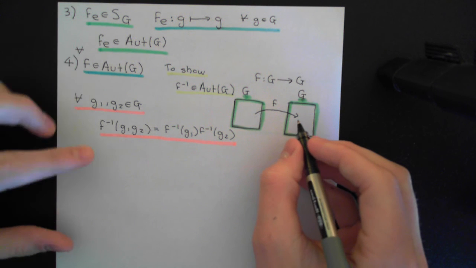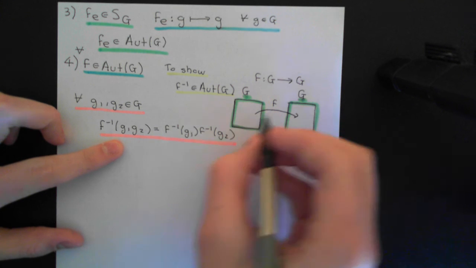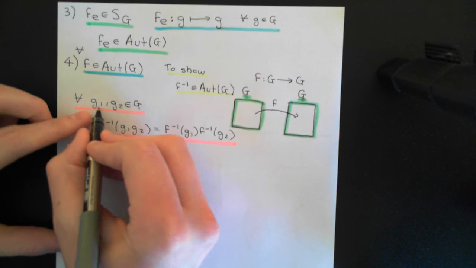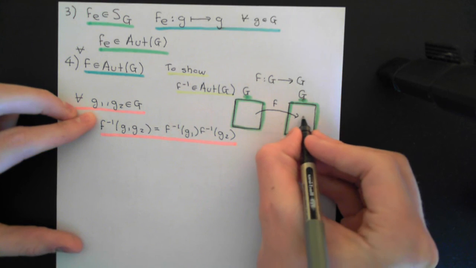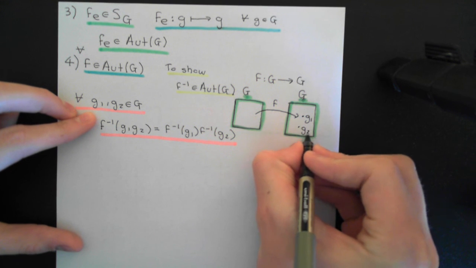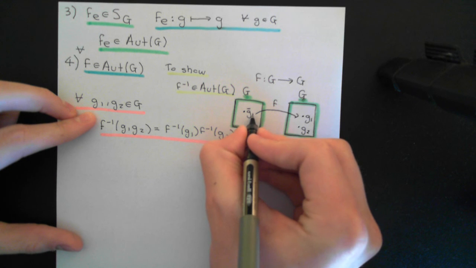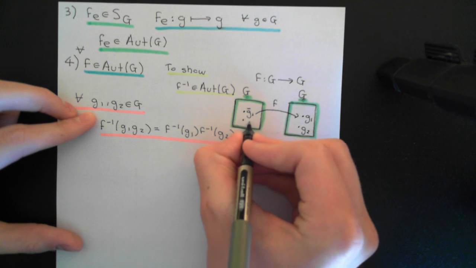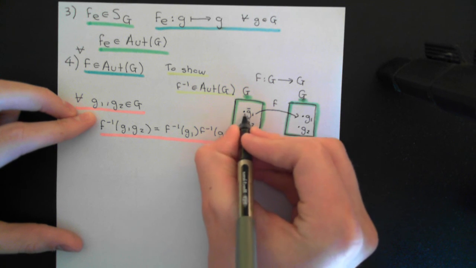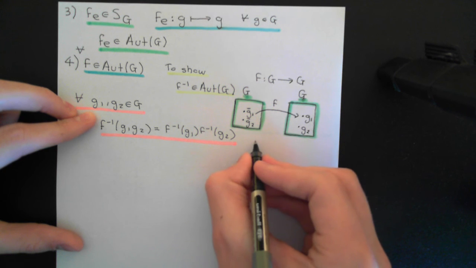Now, the fact that it is bijective is very interesting to me because it means that whatever little g1 and g2 you pick, I can find you some g1 bar and g2 bar in the domain over here. Okay, so I'll put a g1 bar here and a g2 bar. So I can find elements in the domain here that are being mapped onto each of these elements.